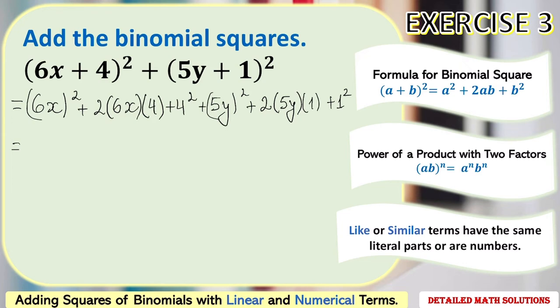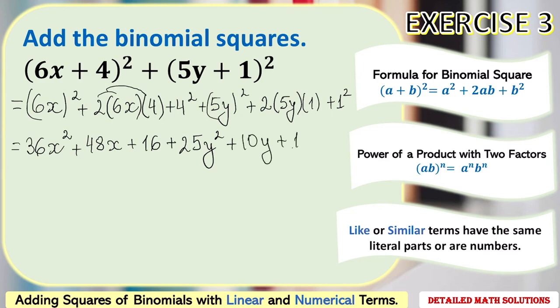Respectively, (6x) squared is 6 squared x squared, or 36x squared, plus, we need to multiply the numerical parts in this term, 12 times 4 is 48x, plus 4 squared is 16, plus 5 squared y squared is 25y squared, plus 2 times 5 times 1 is 10y, plus 1.